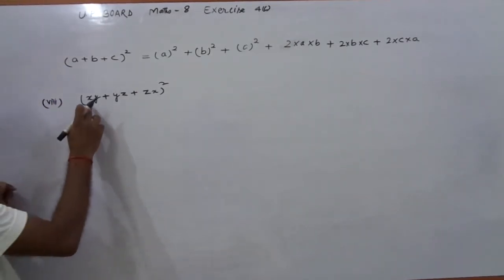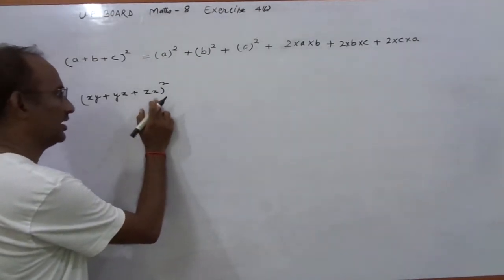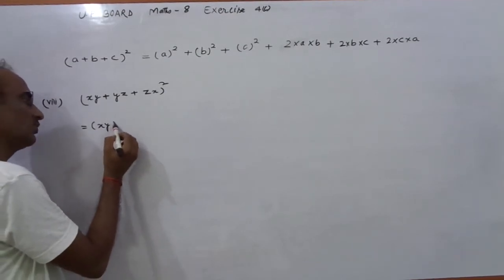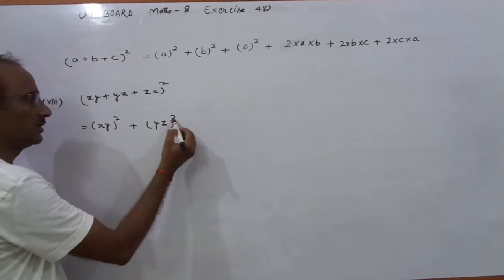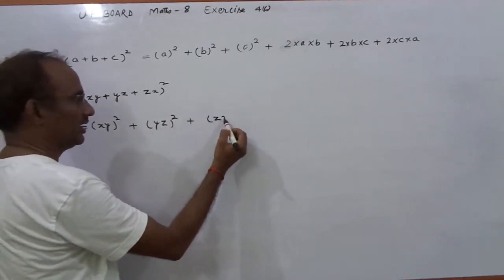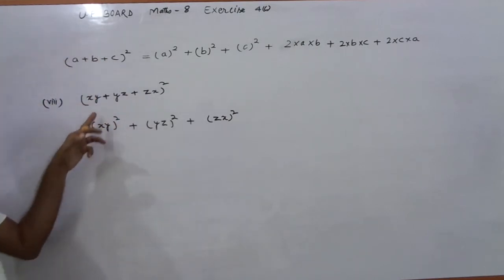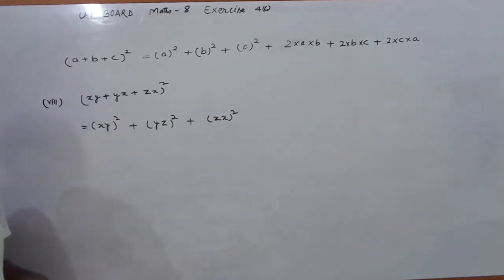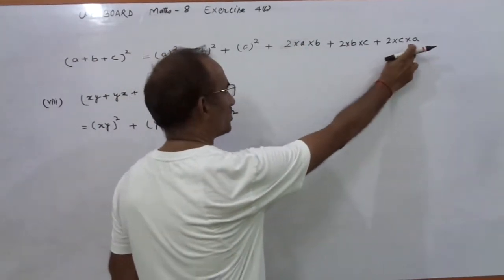Here the first term is xy, the second term is yz and the third term is zx. So first of all we have to write xy whole power 2, yz whole power 2 and zx whole power 2. First of all we will write xy power 2, yz power 2 and zx whole power 2. And then we have to write the terms of 2ab and 2bc and 2ca.